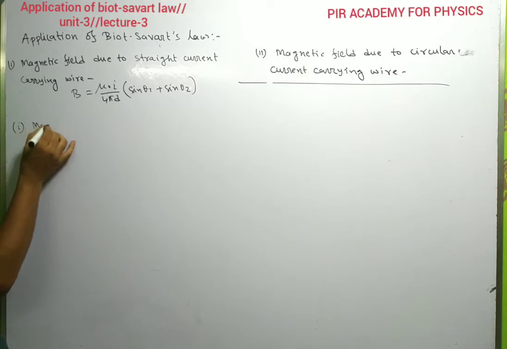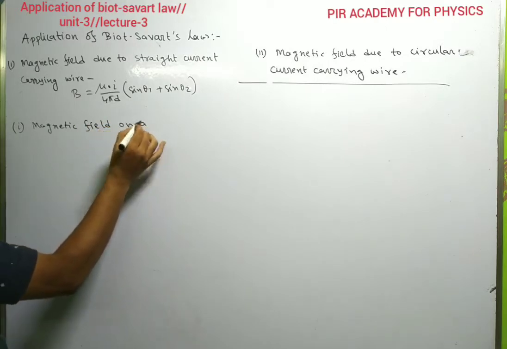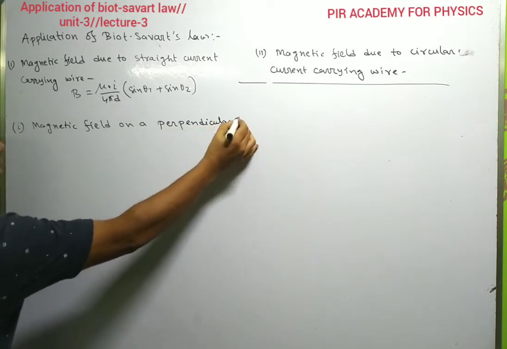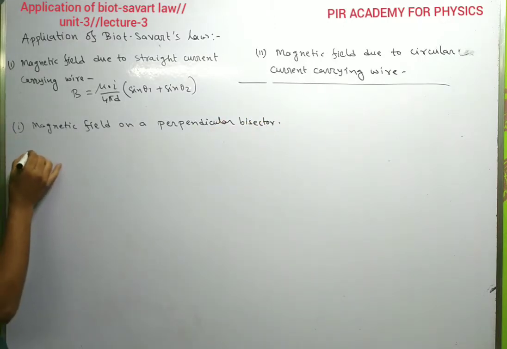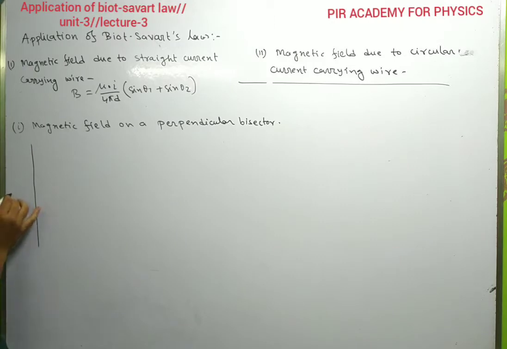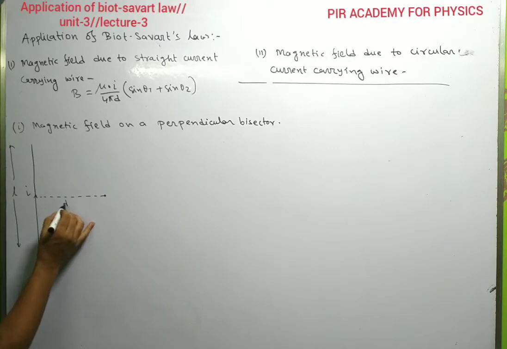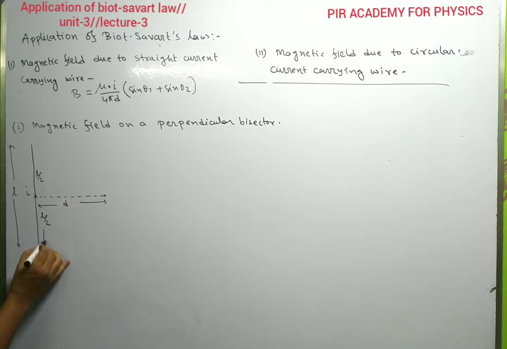Suppose the length of this wire is L, the current is I, and you have to calculate at the perpendicular bisector, that means this is distance d, and this must be L by 2 and this must be L by 2.